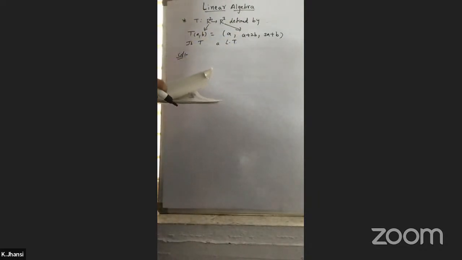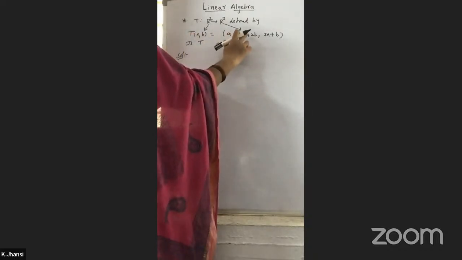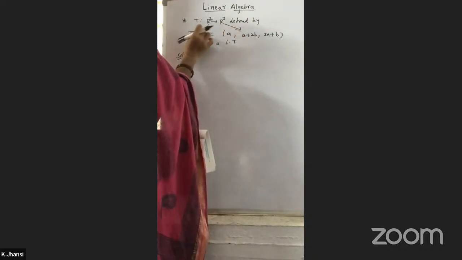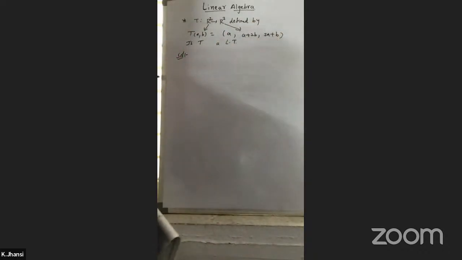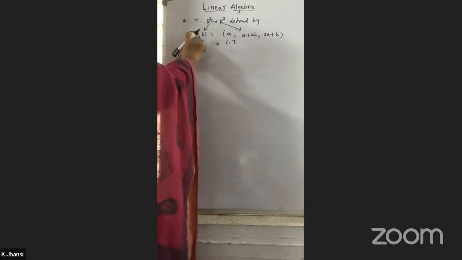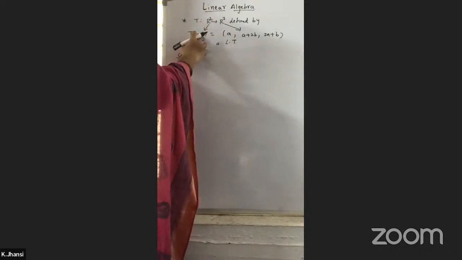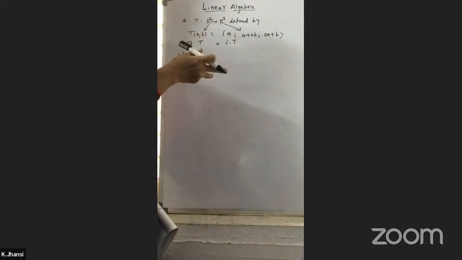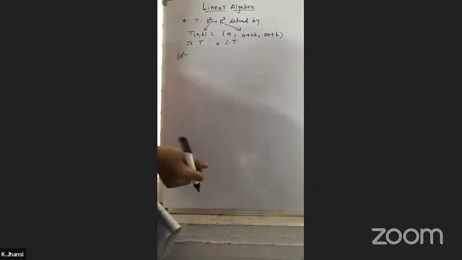Before going into that, T of (a, b) has the first element a, next a plus 2b, next 3a plus b. For this you have to assume the values: a is (a1, a2) and b is (b1, b2). If you substitute here, we'll get the relation.